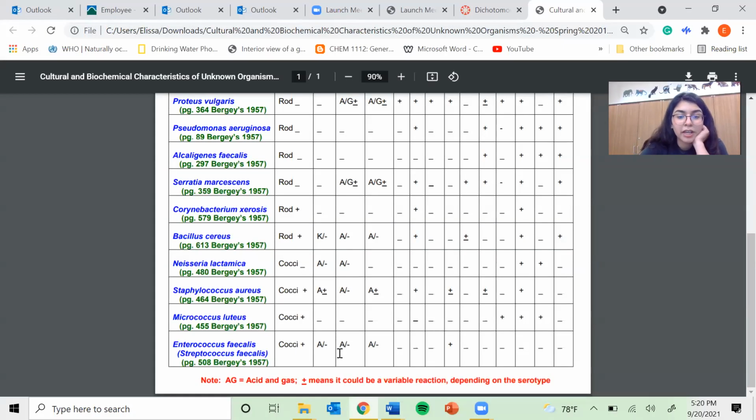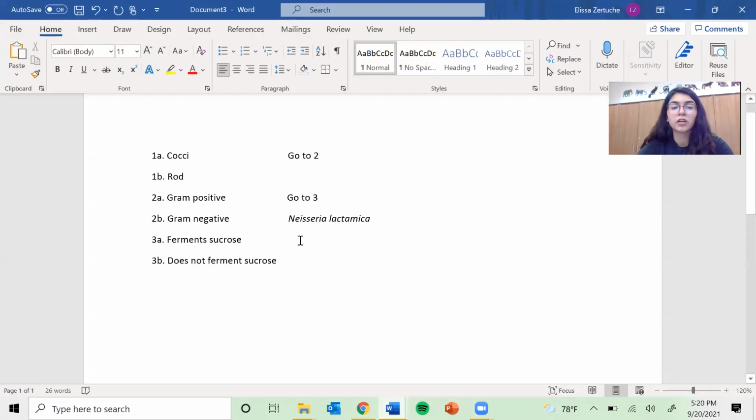We have here that Micrococcus luteus does not ferment sucrose and the other two do. So we will say for fermenting sucrose, we will move on to the next to get a little bit more specific. Go to 4. Next, does not. We know that Micrococcus luteus does not.